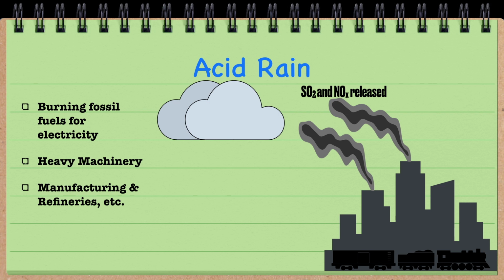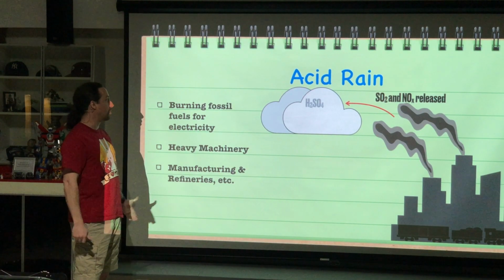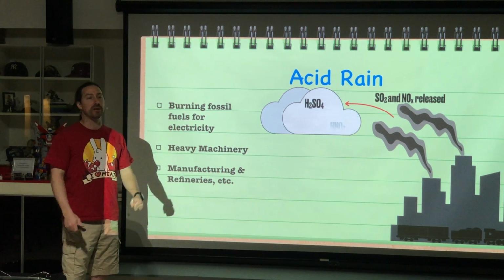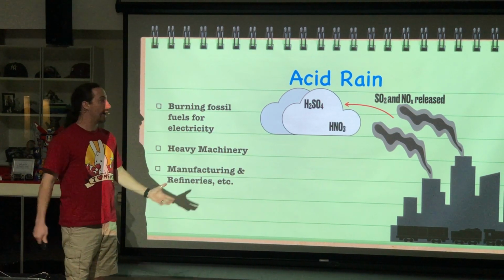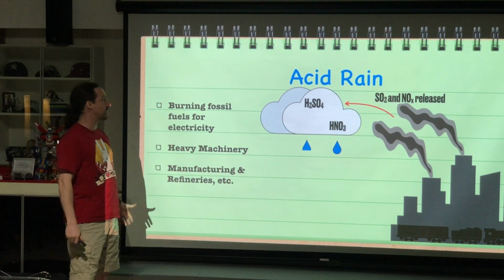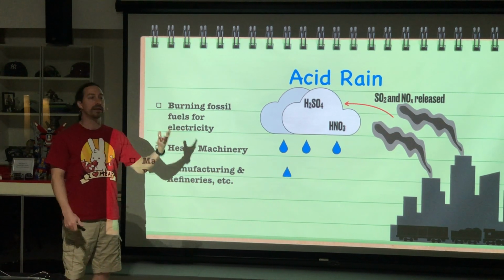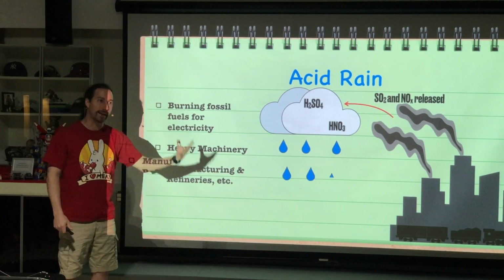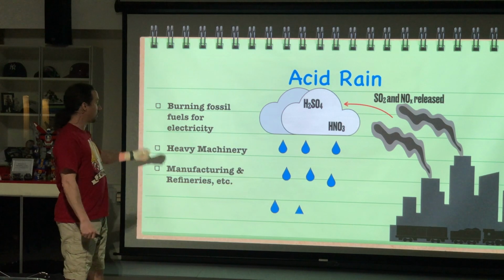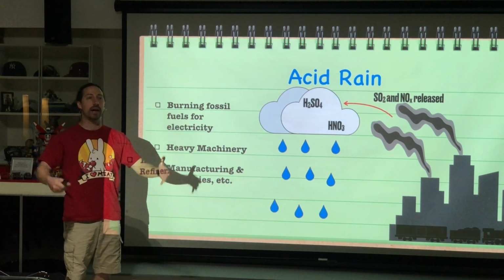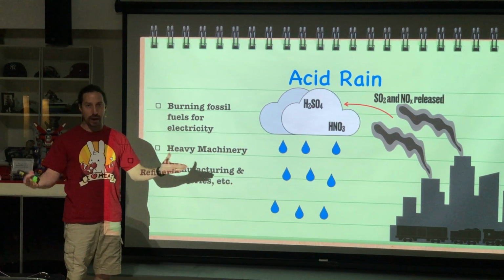When the NOx and SO2 are released, unfortunately, they are going to mix with water and other substances in the air, and they are going to produce H2SO4, which is sulfuric acid, and HNO3, which is nitric acid. And then they are going to get rained upon the earth. And that is how acid rain comes about.